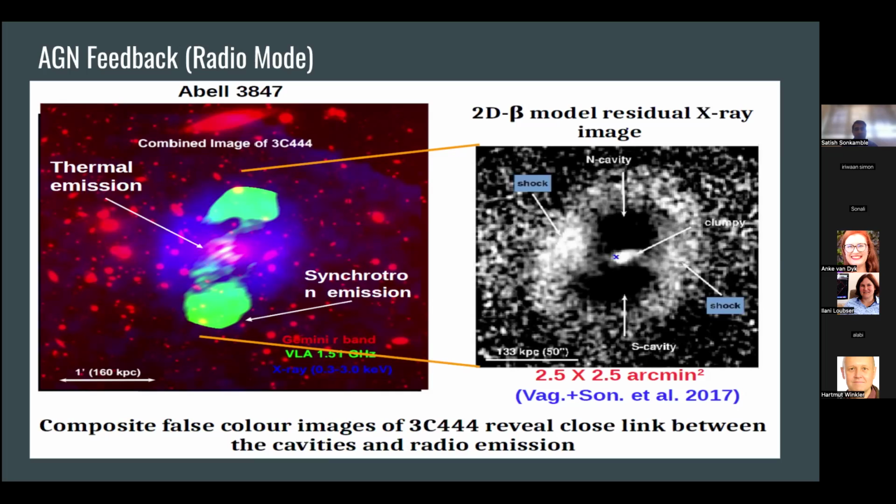So it creates a deficiency or decrement in that region, and we call it a cavity. This is just the outcome of the central radio AGN or central radio jets. This image clearly shows the association between the cavity seen using the Chandra X-ray telescope and what is seen in radio.